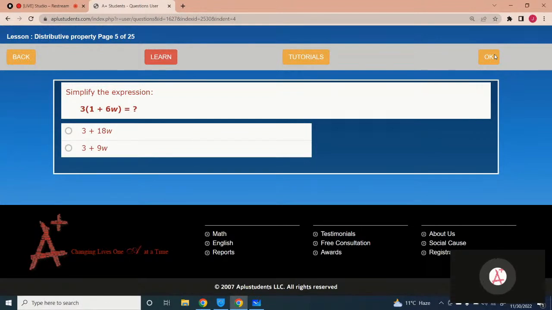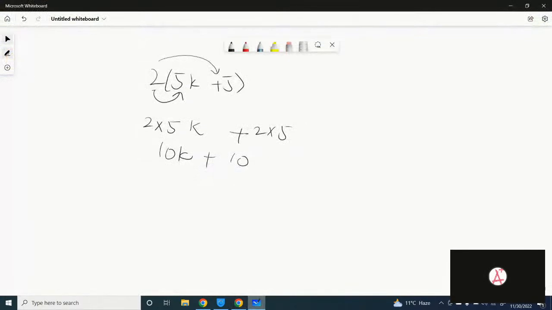Is it the first or second? You have to multiply the 3 with the 6. 3 times 1 plus 6w. Let me do it on the board.